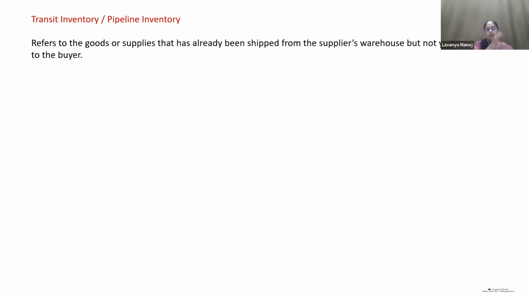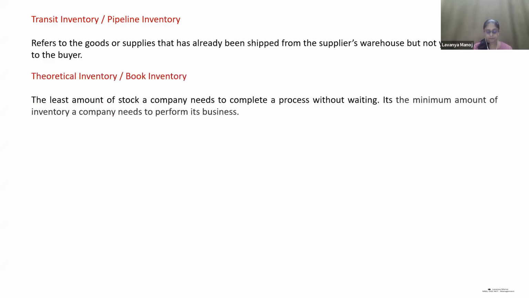Transit inventory is the inventory on the transportation vehicle, whereas for pipeline inventory, the order has been received from the customer and the provider has set aside the product which has to be sent to the customer. That set-aside product doesn't necessarily have to be on the transportation vehicle. Clear? Is the difference between transit and pipeline clear?